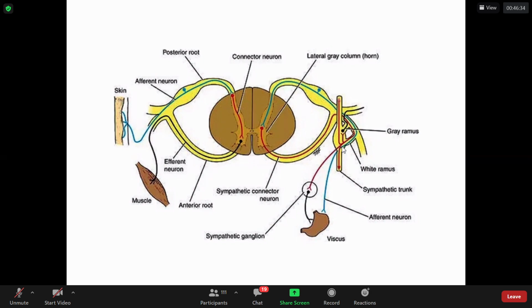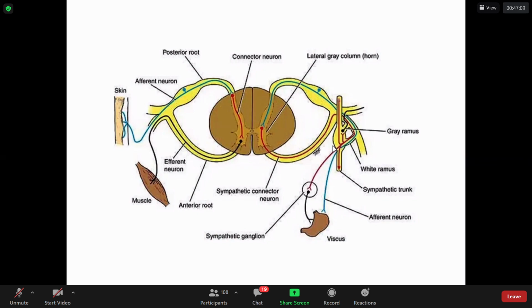What is the fate of these fibers? So what is a sympathetic ganglion? The fibers have entered through the white ramus communicans, and this is the ganglion, and there is a series of other ganglia, and they are joined to each other by ascending or descending fibers.